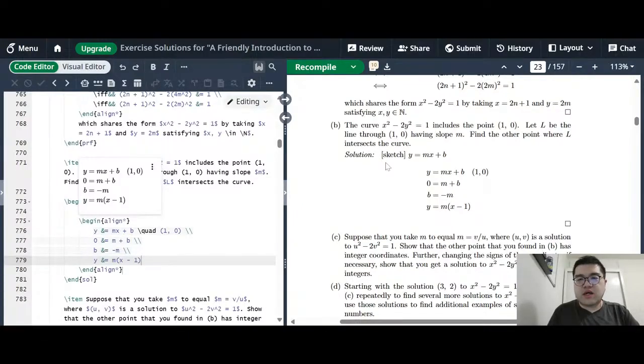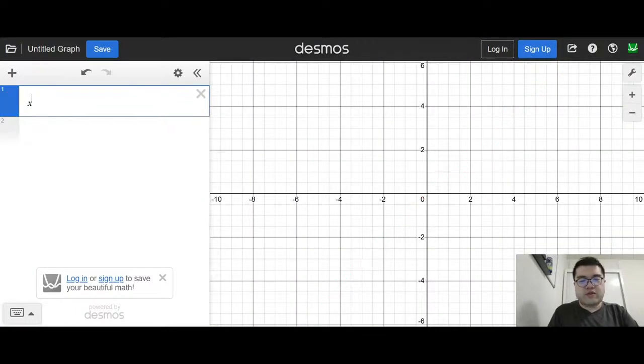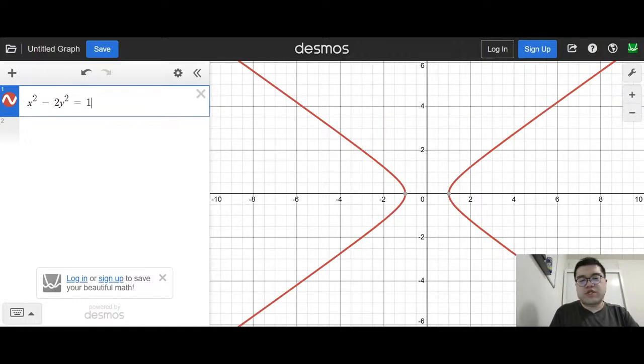Let's see, if we look at the graph itself, let's open GeoGebra here. We have a free graphing calculator. So let's share this. We have x squared minus 2y squared equals 1, which looks like this.